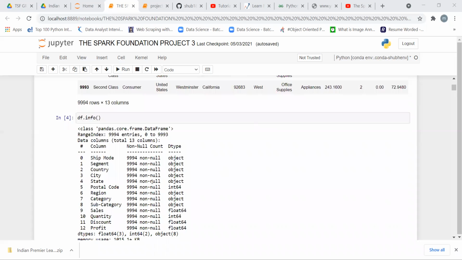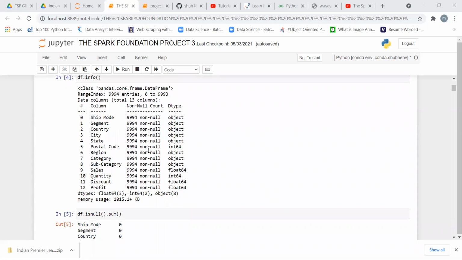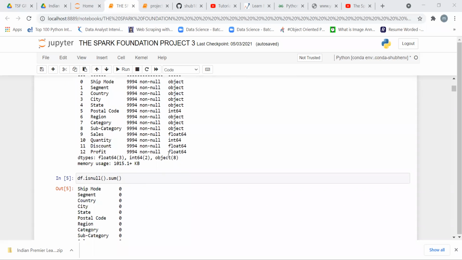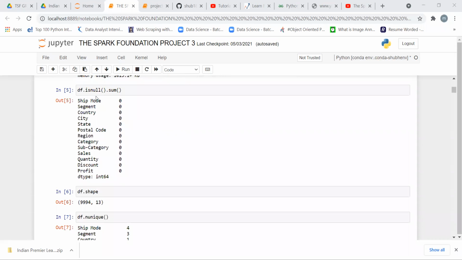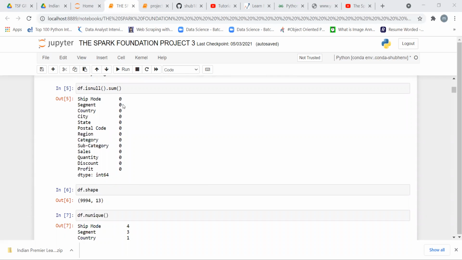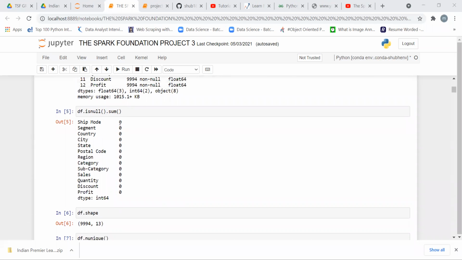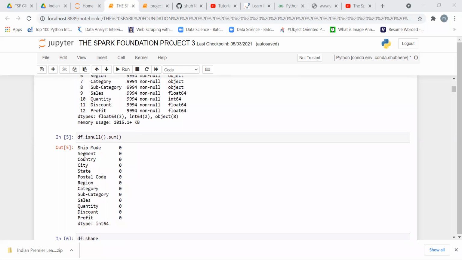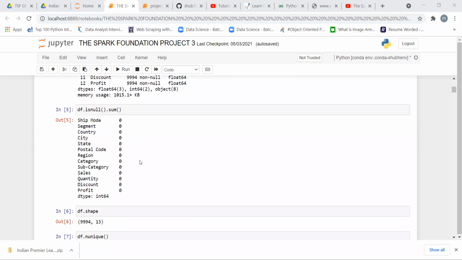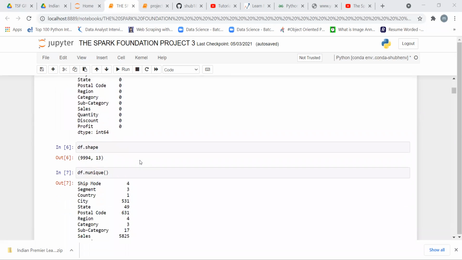So this is a good data set; here we have no null values. We also calculate the null values in the given data set, and it shows there is no null value in any column, such as ship mode, segment and country.